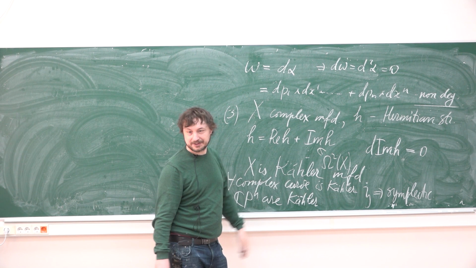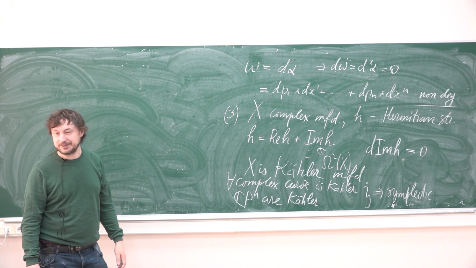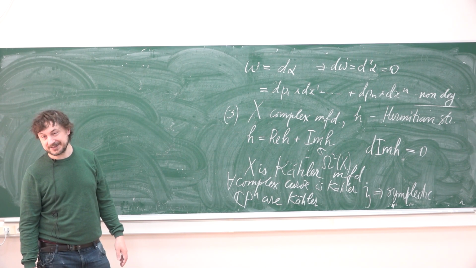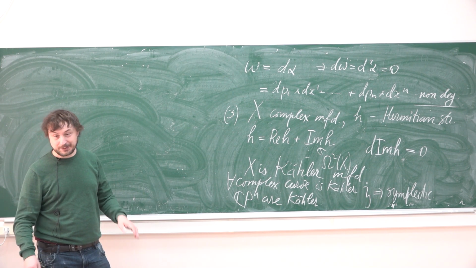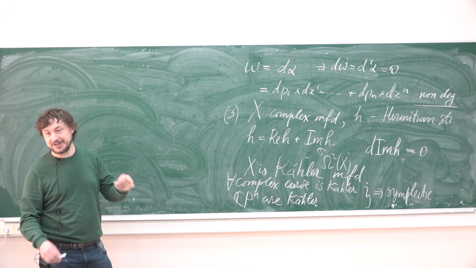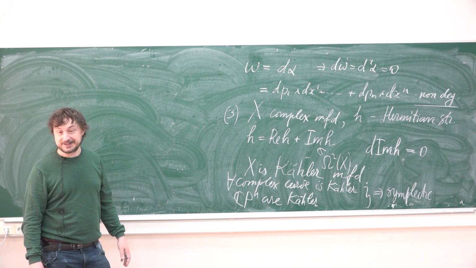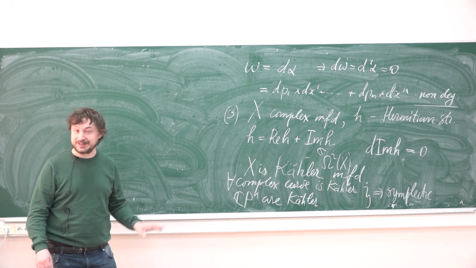Of course you need to prove this. Suppose you have a Hermitian matrix, non-degenerate, positive definite Hermitian. How do you prove that its imaginary part is non-degenerate? Well, it's a good question. It's a question in linear algebra.